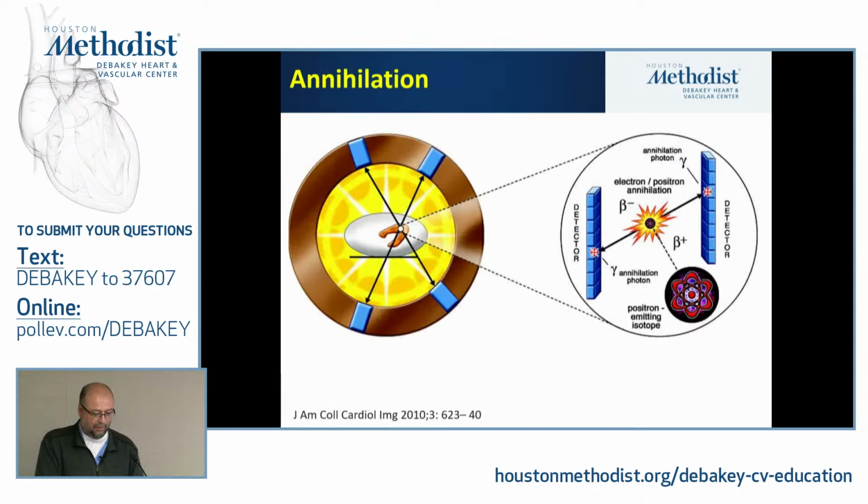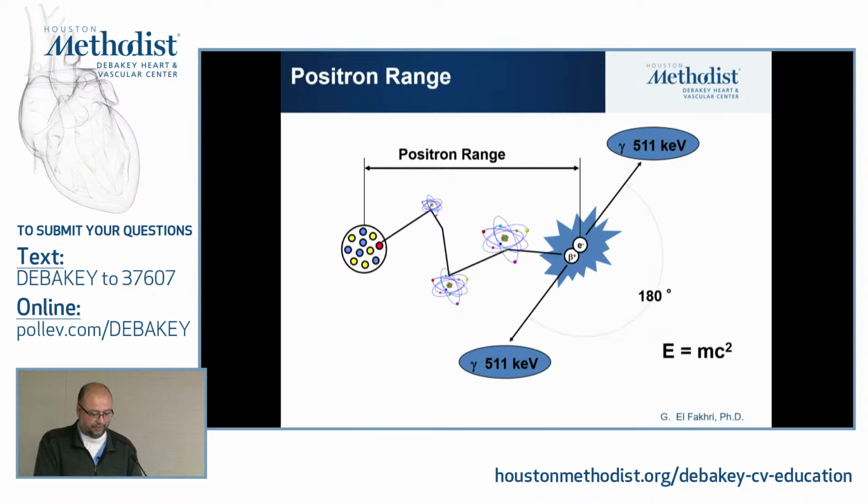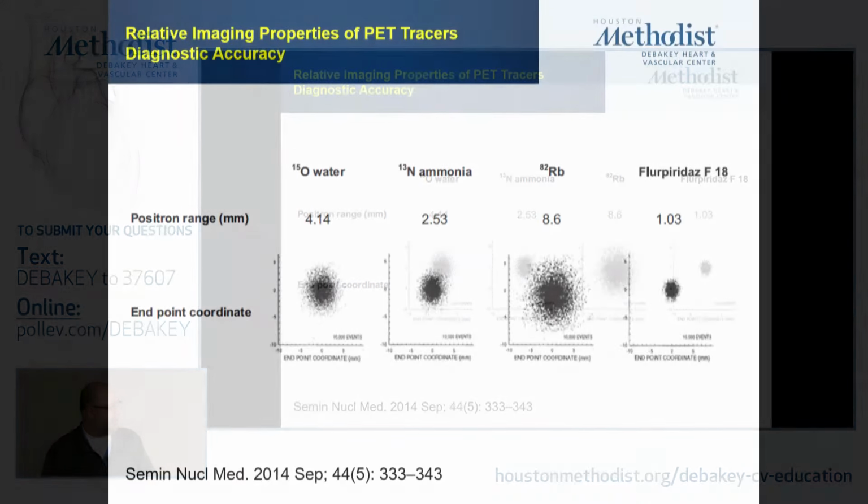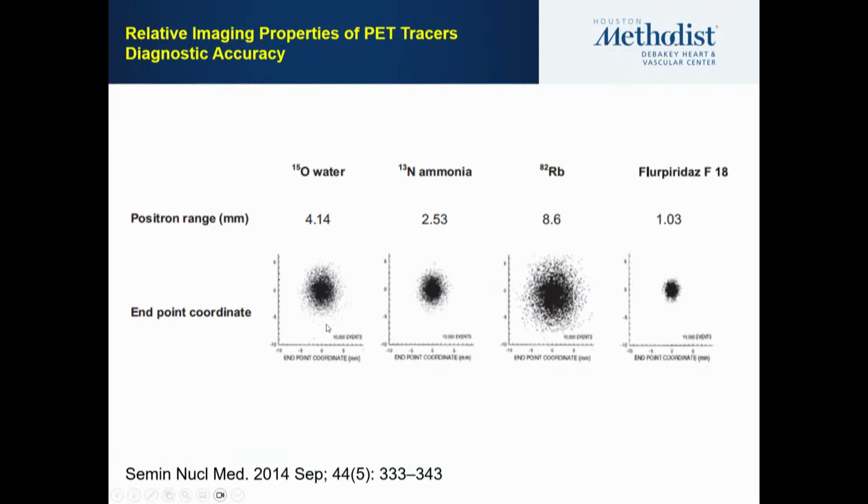If I put, for example, a drop of one isotope, you can see the one that doesn't travel a lot is the lowest energy, and that's the F18. So you can have a very sharp, crisp image, with much better spatial resolution and delineation of specifics of the muscle that you see there, even papillary muscles and others.